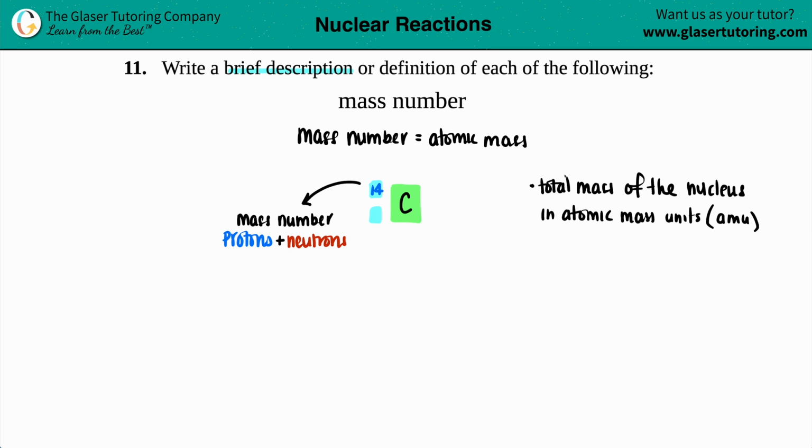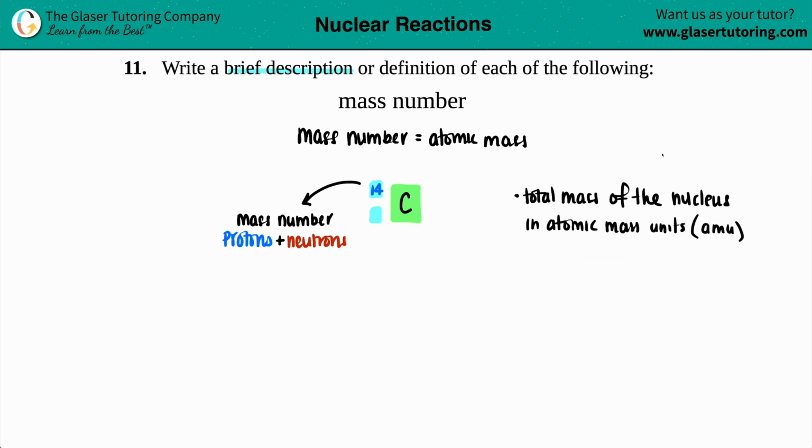It's just the total mass of the nucleus in atomic mass units, and it's the total number of protons plus neutrons in the nucleus.